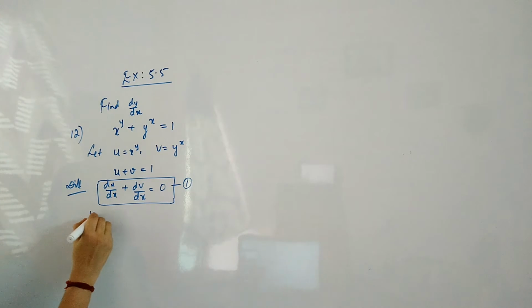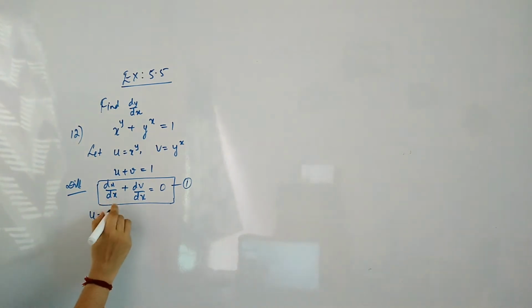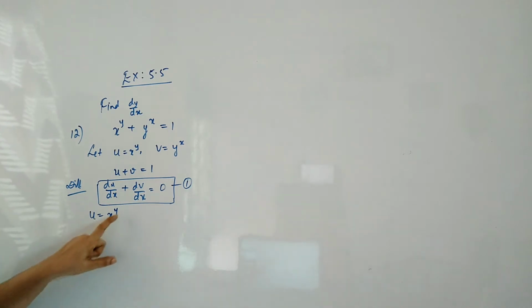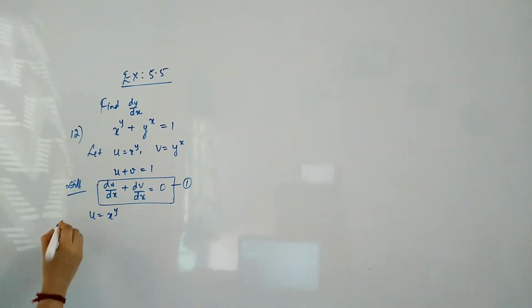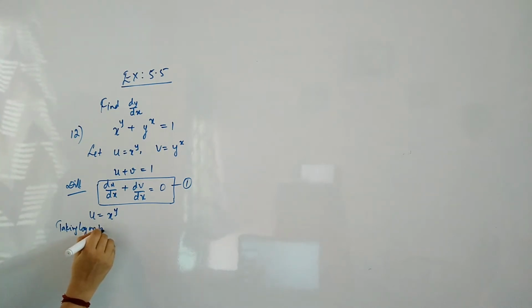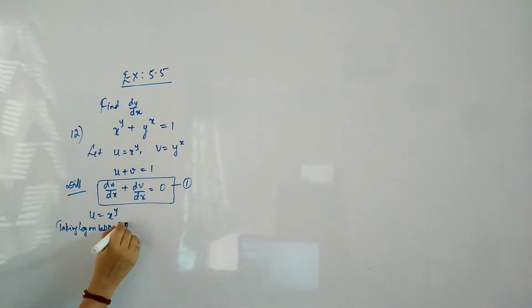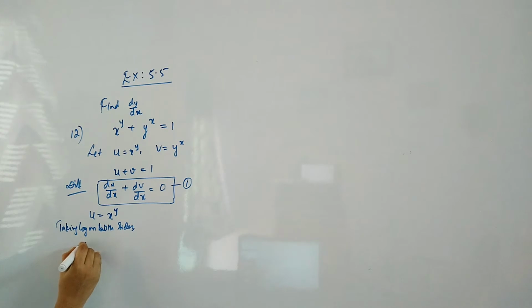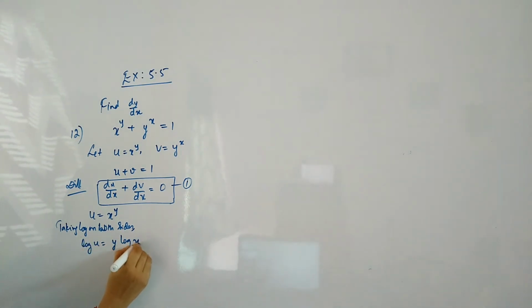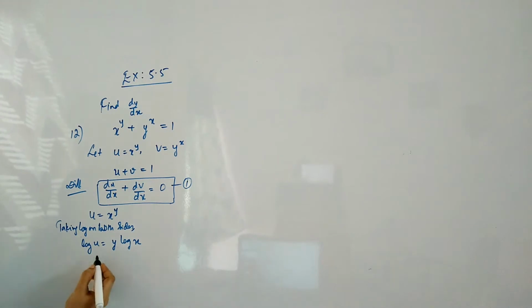Now you can start with u is equal to x raised to y. Here you have a power, so you can take log on both sides. You will have log u is equal to y log x. Now you will differentiate with respect to x.